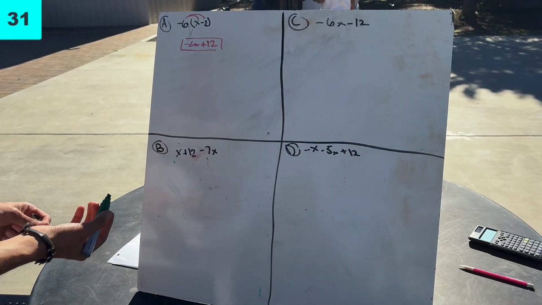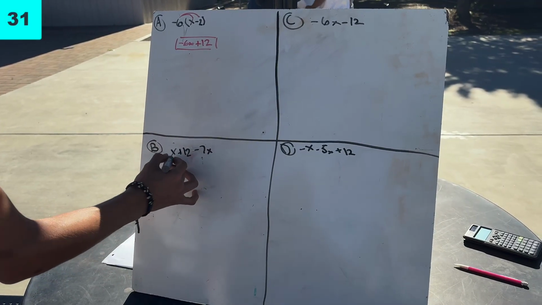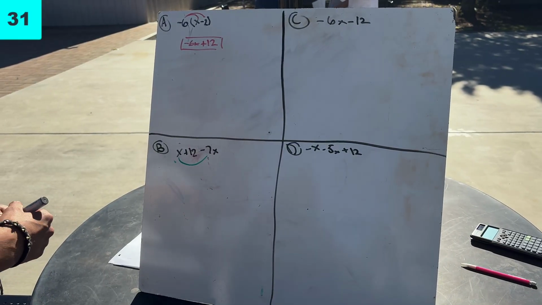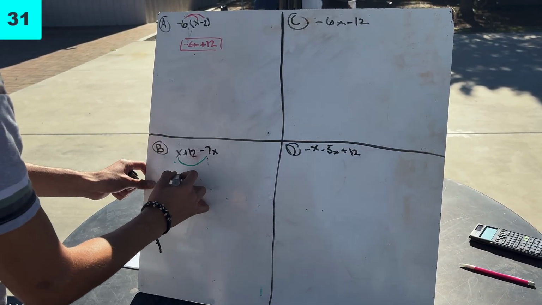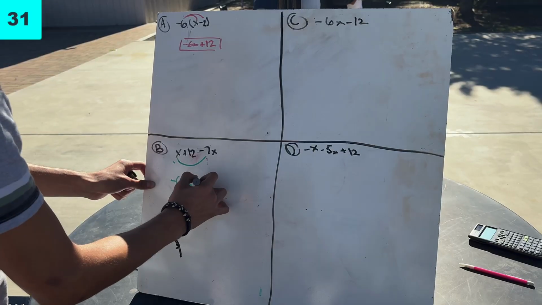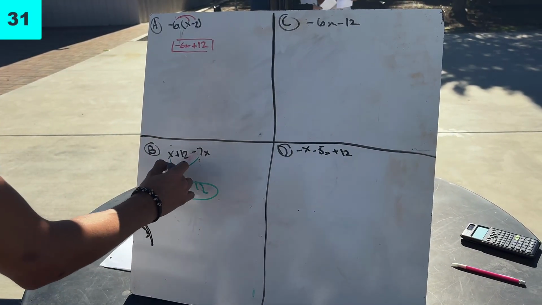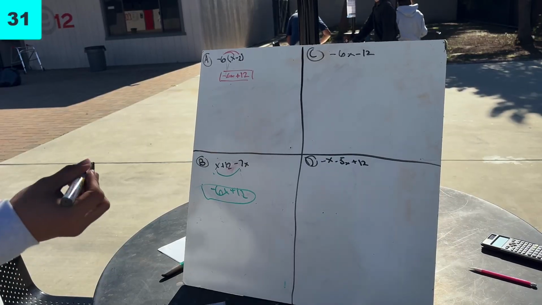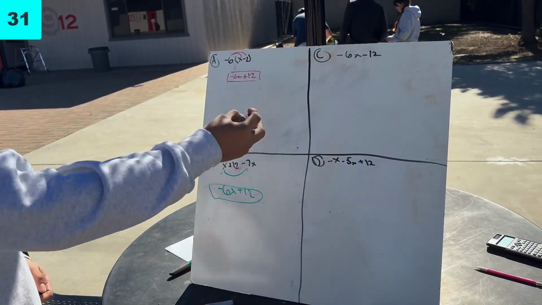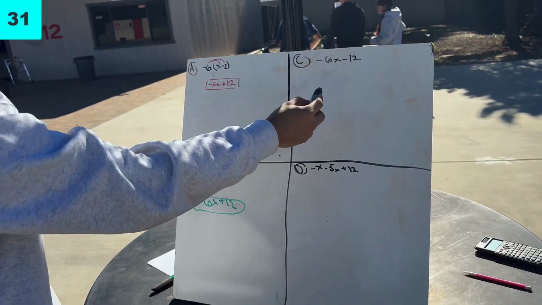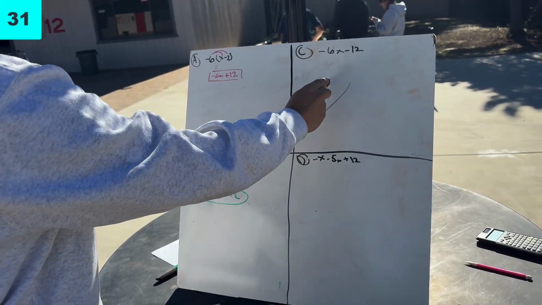Alright, so what I got for B, I just subtracted x with -7x, and I got -6x plus 12, and that's my answer for B. So for C, it's straight up wrong because there's a negative on the 12, and there's no way to fix it, so the answer is wrong.